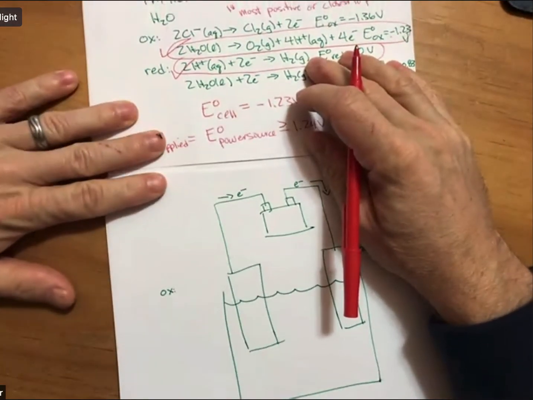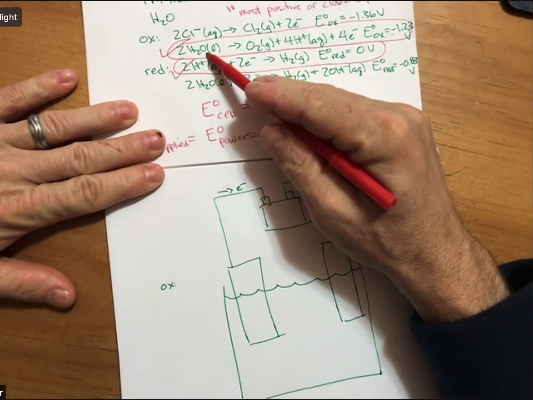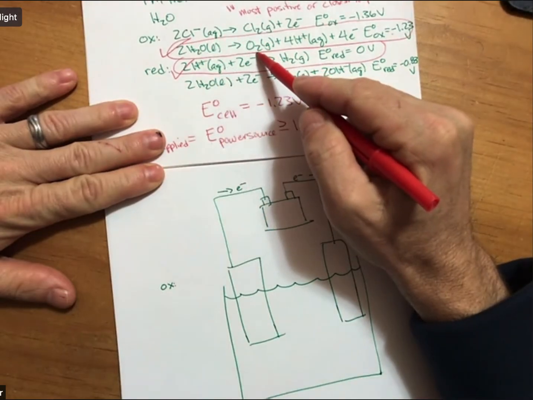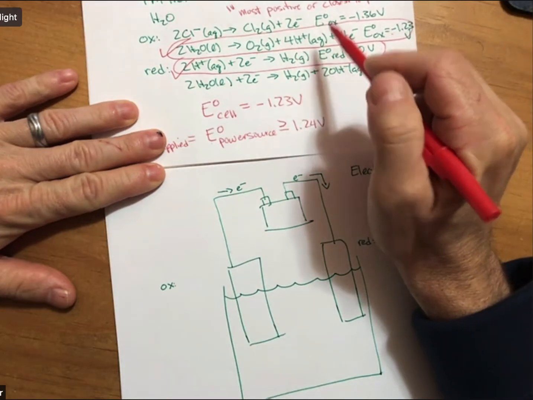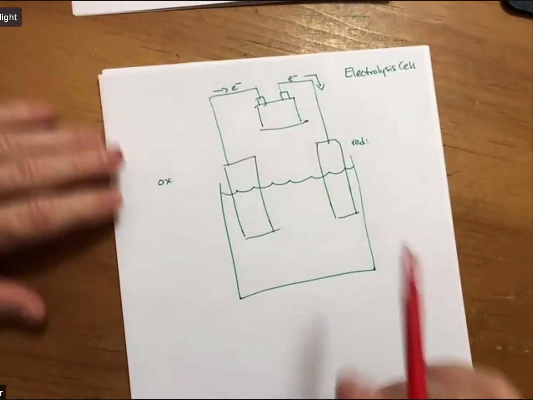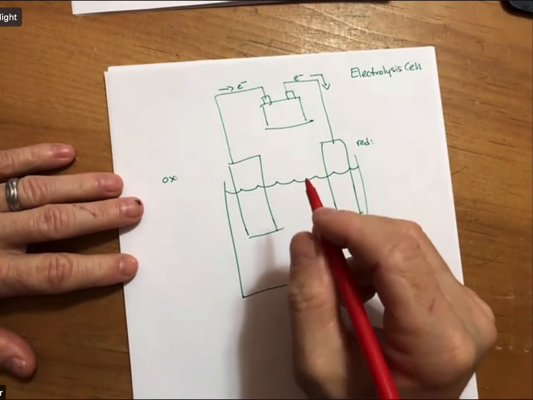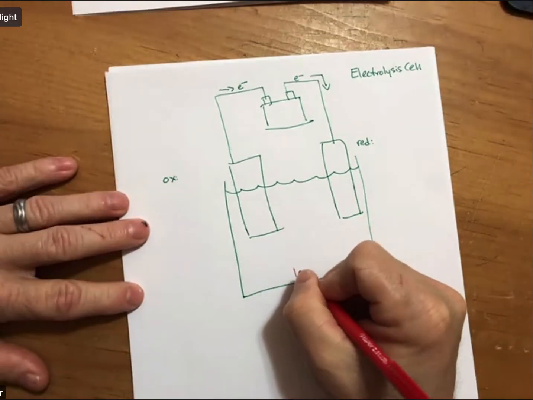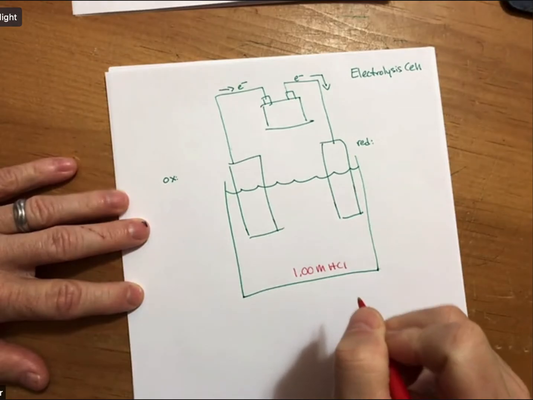Our oxidation is going to take 2 waters, turn them into oxygen and hydrogen ions, plus 4 electrons. So let's see. First off, this is 1 molar HCl. That's from the problem statement.